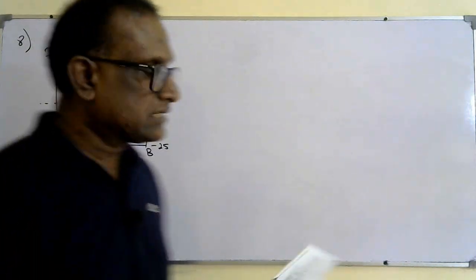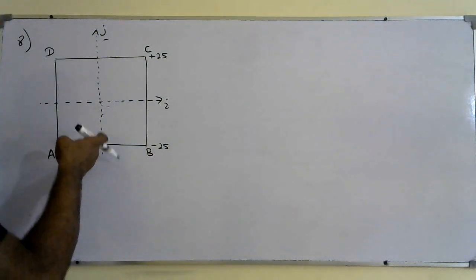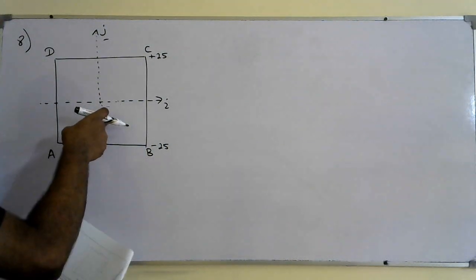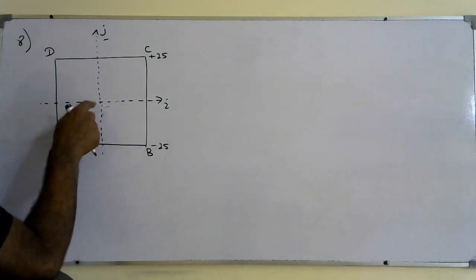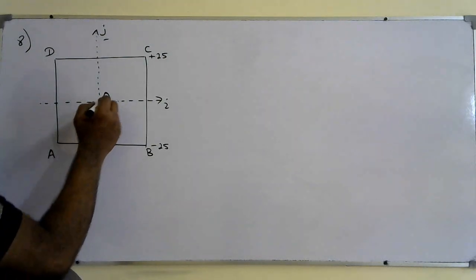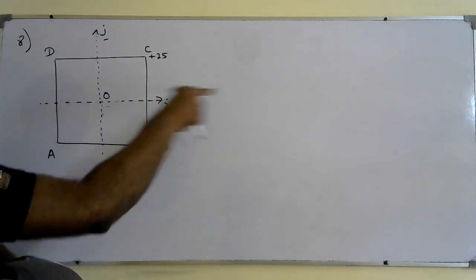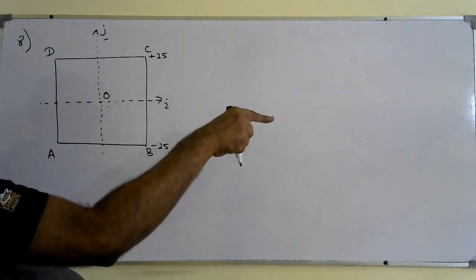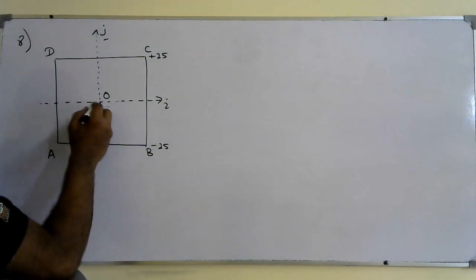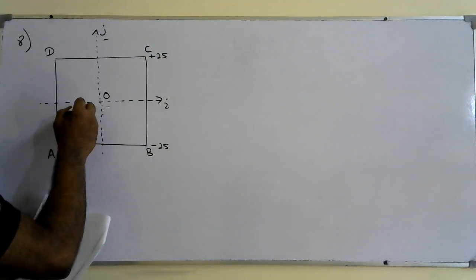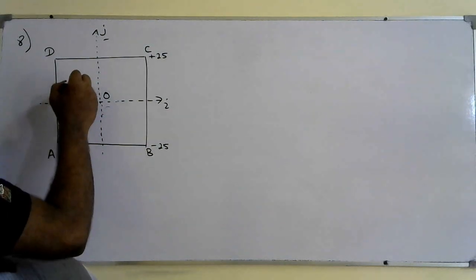Minus 2i means, we know that towards the right is the positive unit vector i, so minus i means to the left, 2 units, from here, this is the O. Plus j means upward direction, 1 unit.